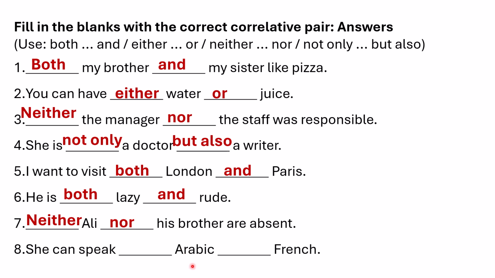Now see Arabic and French. So we can use here she can speak both Arabic and French. So these are the two qualities we can talk about. Okay, so that was all about the correlative conjunctions. Now, next, let's move on to the passive.